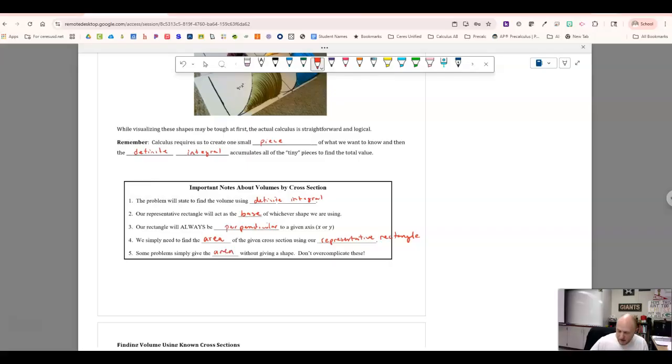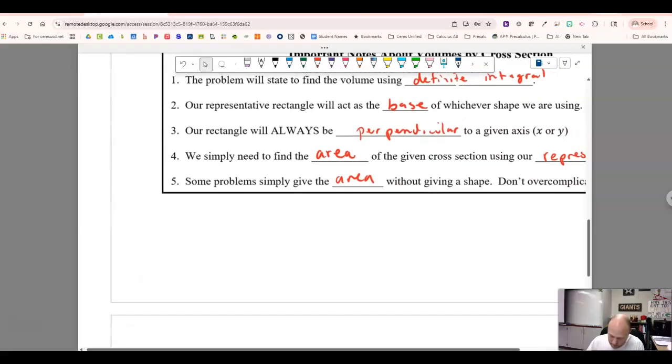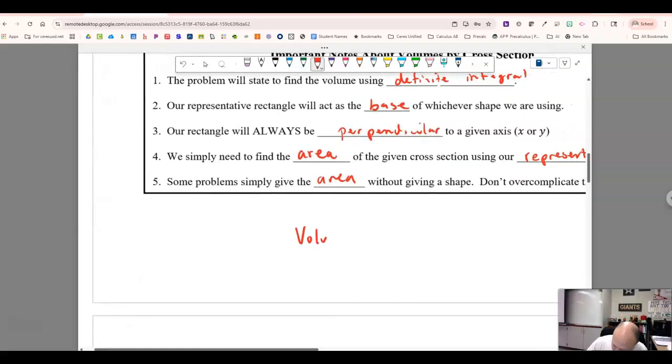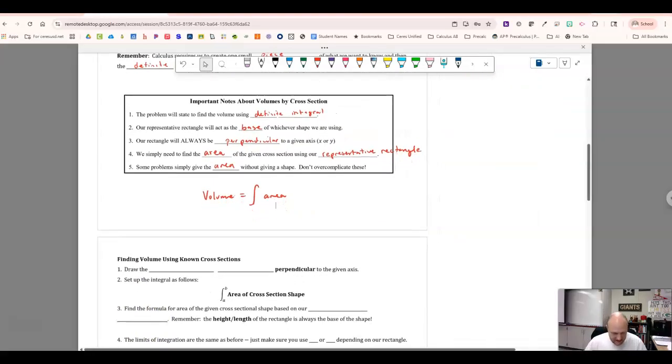They give you the area without giving a shape. Don't overcomplicate this. It's very important to remember here that volume is equal to the integral of area.